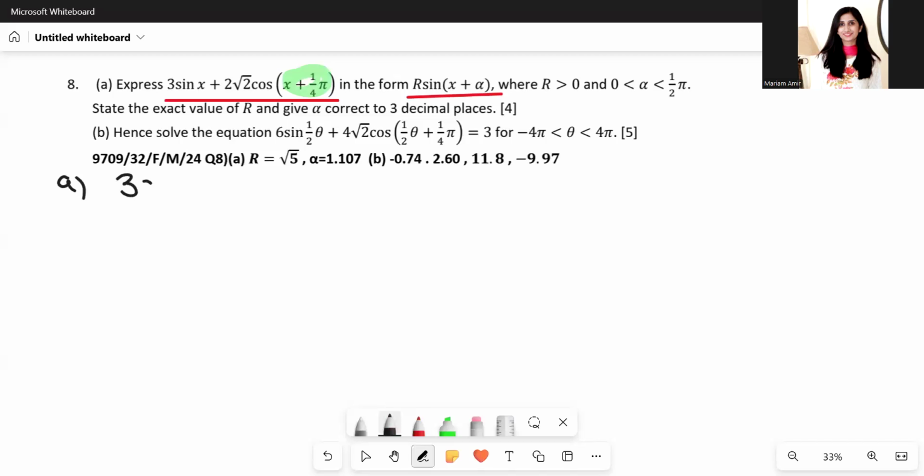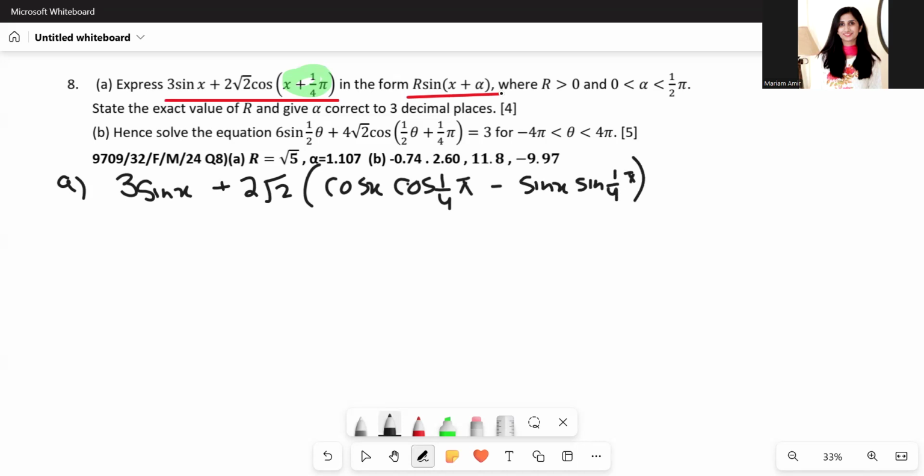Okay, so for part A, we have 3 sine x plus 2 square root of 2. And in the bracket, we'll write cos x cos 1 by 4 pi minus sine x sine 1 by 4 pi. So 3 sine x plus, what is cos 1 by 4 pi?